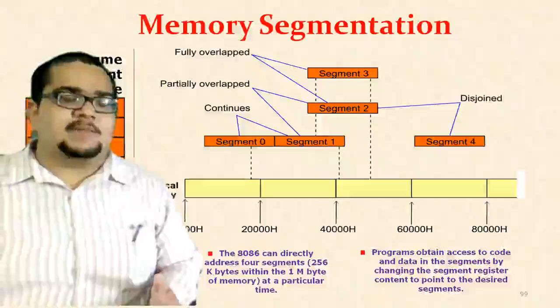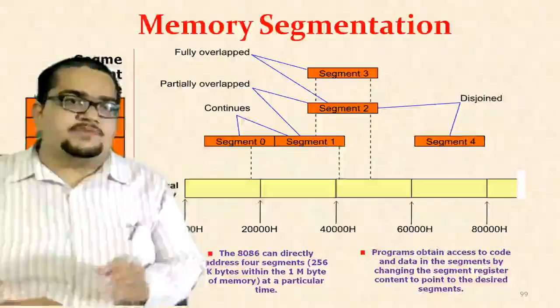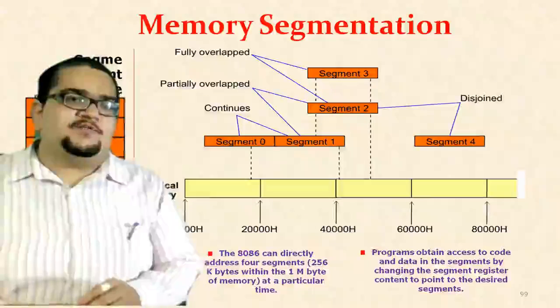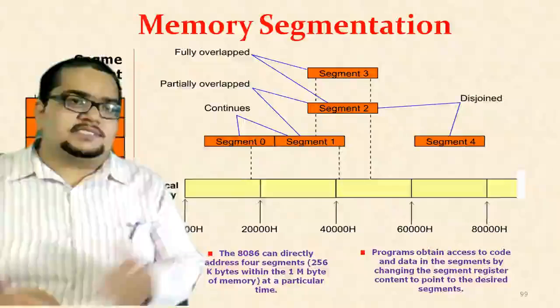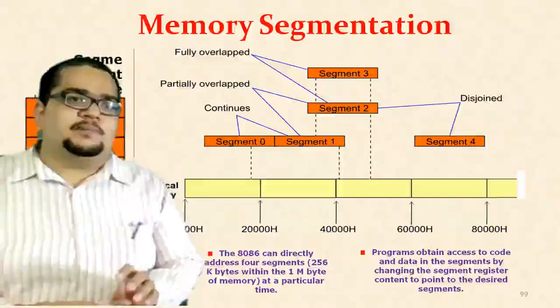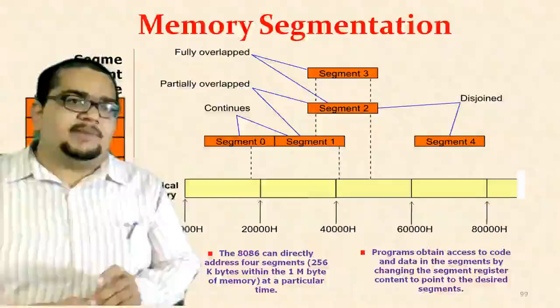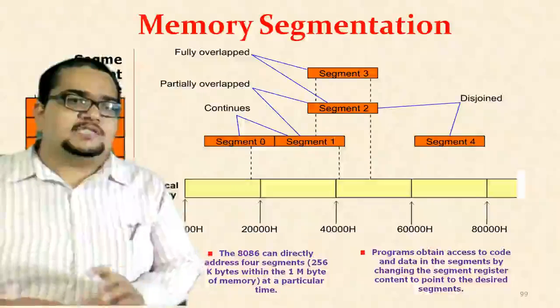Basically, overlapping segmentation will save memory when your given program is very short. It doesn't require different complete areas of memory for storing your program instructions and data. In the same chunk of 64 kilobytes of memory, at one place it will store the program, which is called the code segment, and in the same area it will also store your data, called the data segment.